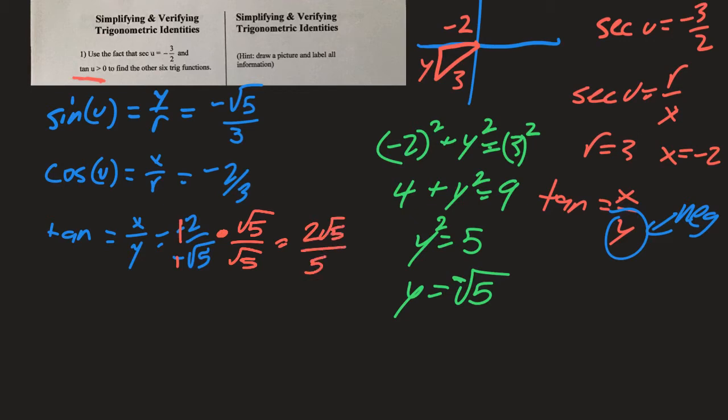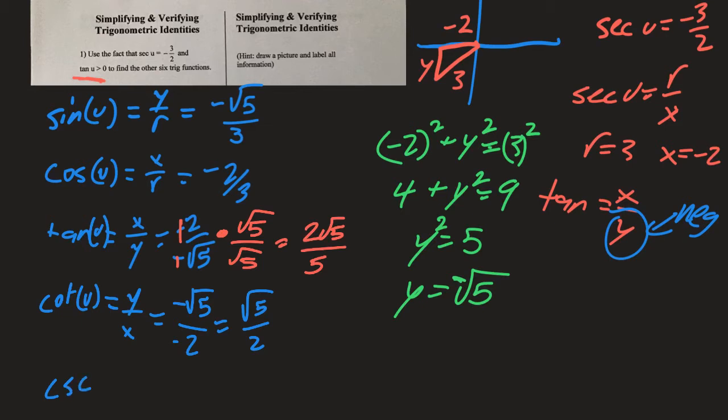So 2 more left that we don't know. We've already gotten the secant, so that one's free. We're going to do cotangent of u, which is just x over y, like the tangent flipped over. So we've got -2 over negative square root 5, or just 2 over √5, which rationalized is 2√5 over 5. And the last one that we don't know, the cosecant, is going to be r over y.